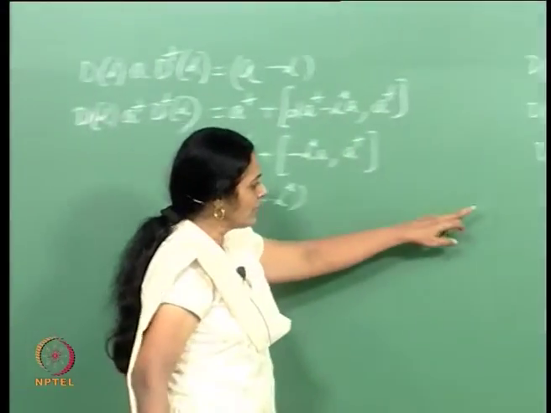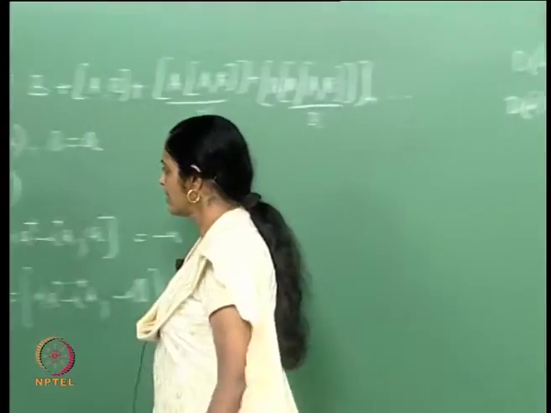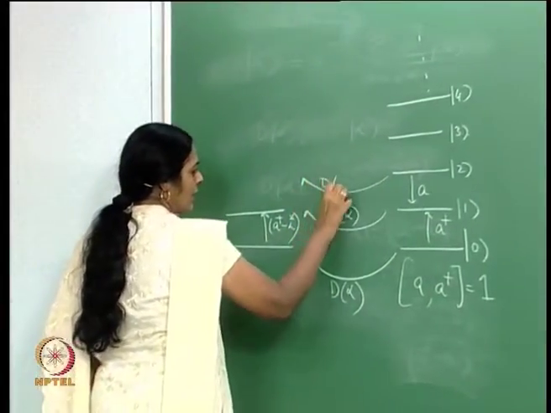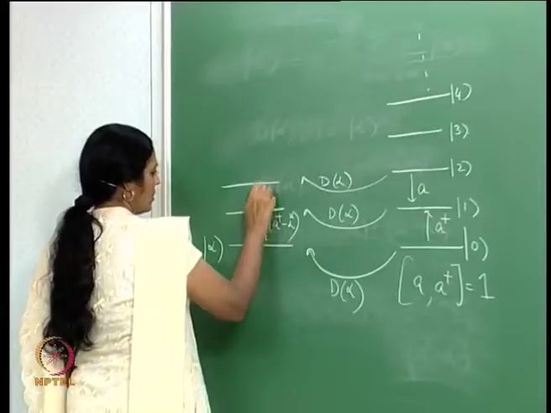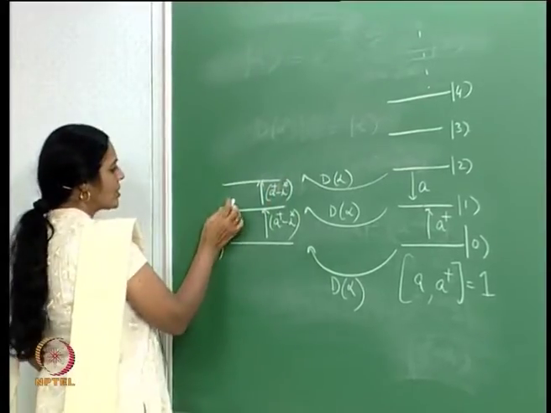That is what I have proved here. D of alpha on ket 1 is A dagger minus alpha star on ket alpha. Similarly, D of alpha on ket 2 would involve using A dagger minus alpha star on this state.